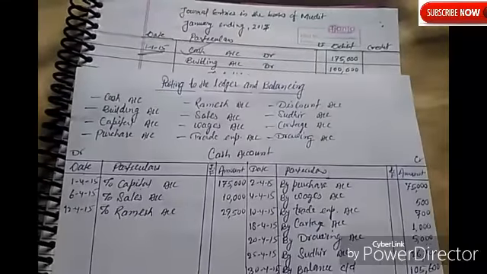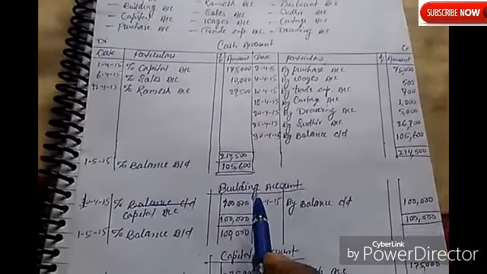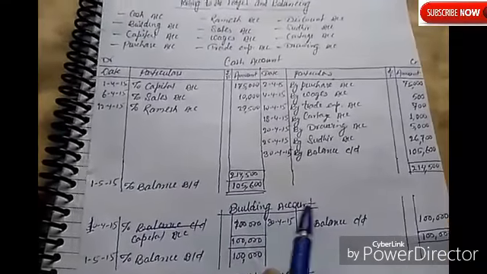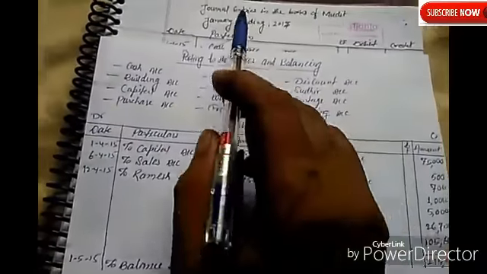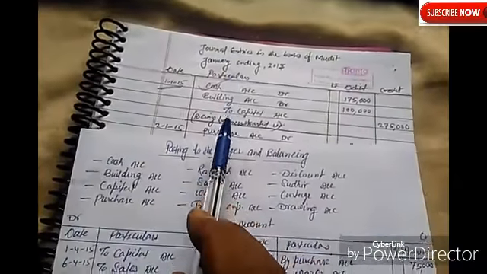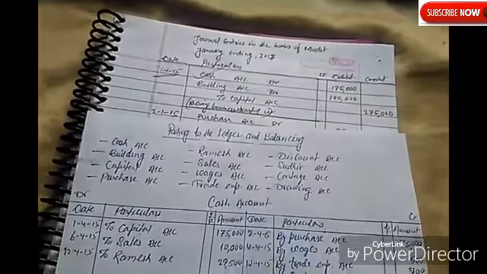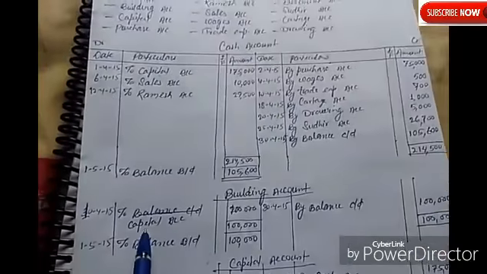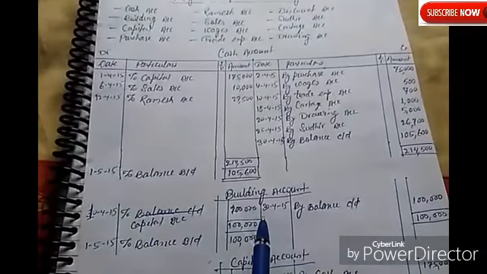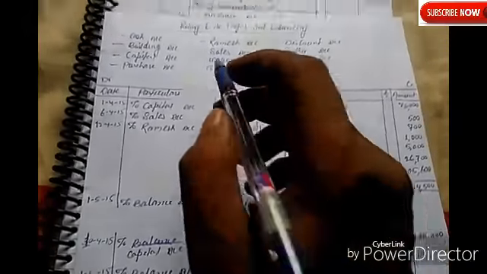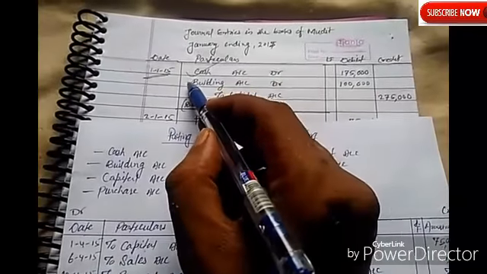Now see another, the building account. Heading is building account, which is also on the debit side. Yes, debit side, so write to capital account 100,000. So that is also over.